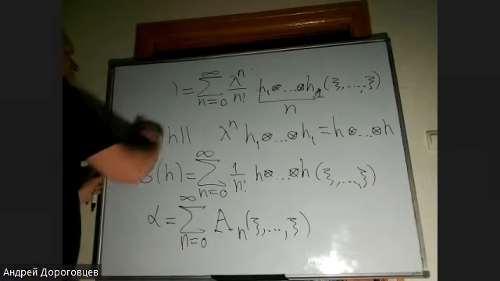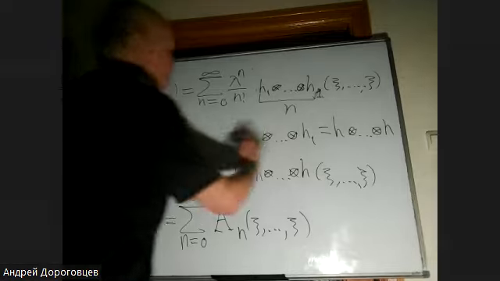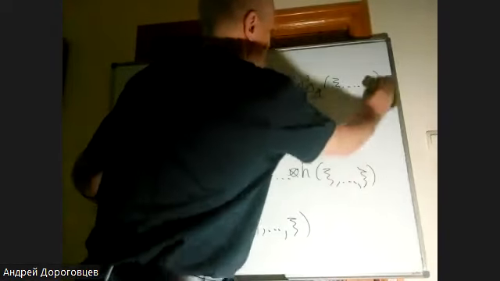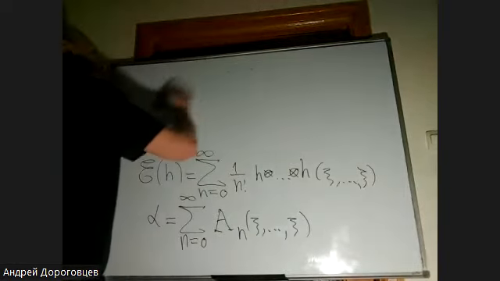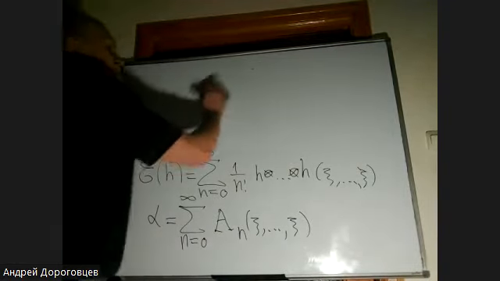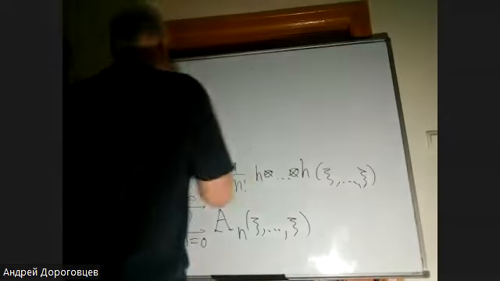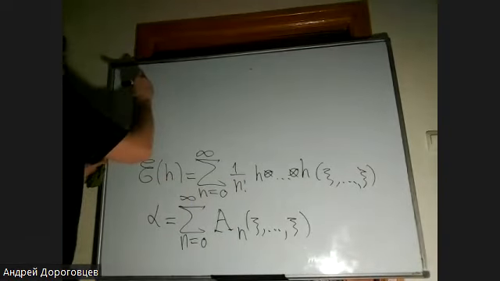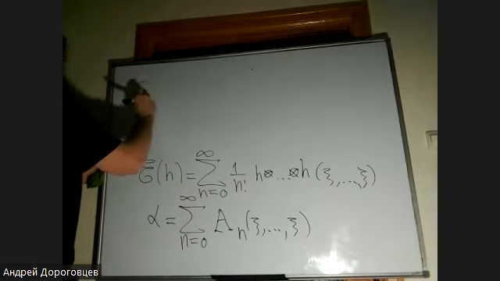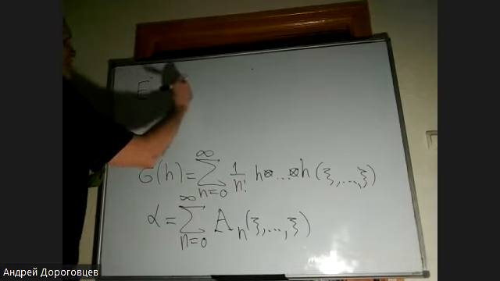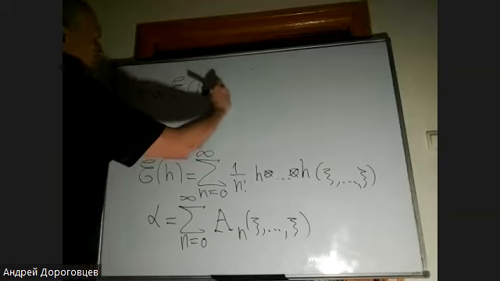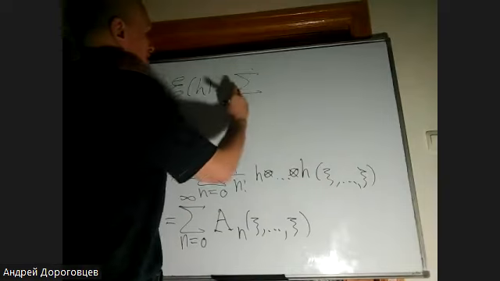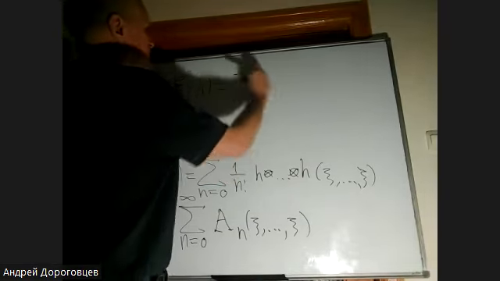Then we will get that the expectation of alpha times the stochastic exponent of h is equal to the sum from n equals 0 to infinity.